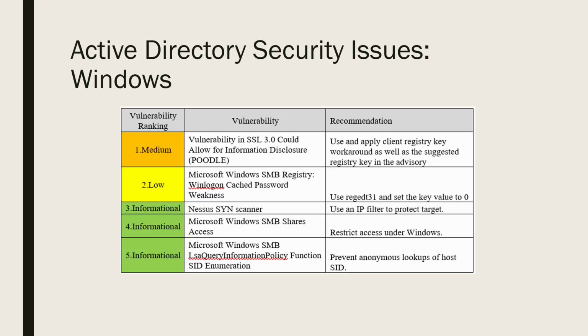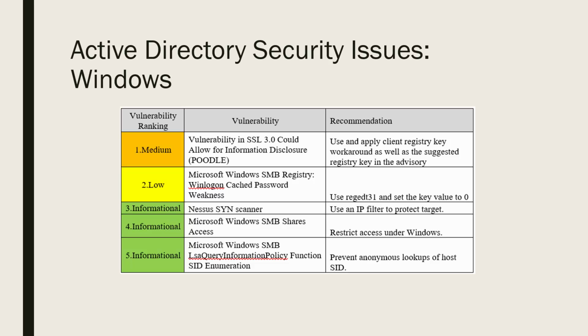So you need to be sure that there is certain information that's missing from the workarounds in the Microsoft Security Advisory, and the client and server software that's been installed can be affected if that key is not applied. Man-in-the-middle attacks are more likely to occur, and this is known as the POODLE effect. To fix that, use and apply the client registry key.